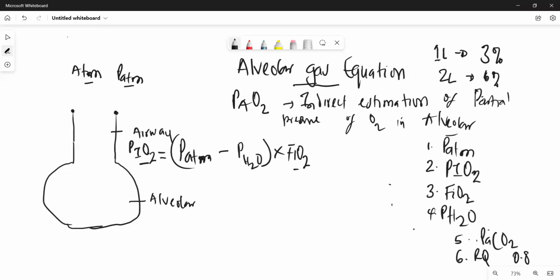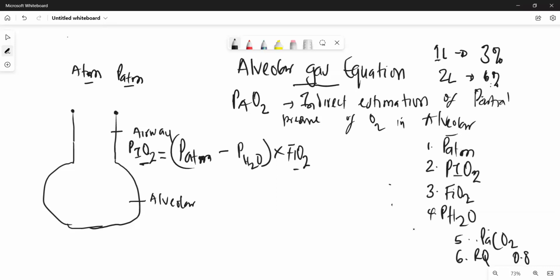Then I add this 6% to the 21%, and that will give me 27%. So a patient on 2 liters of oxygen will have an FiO2 of around 27%. So this is going to be our partial pressure of oxygen in the inspired air.